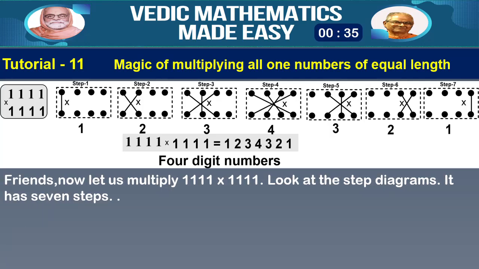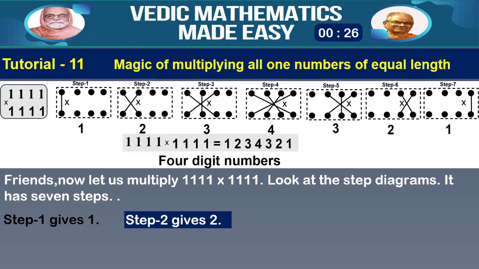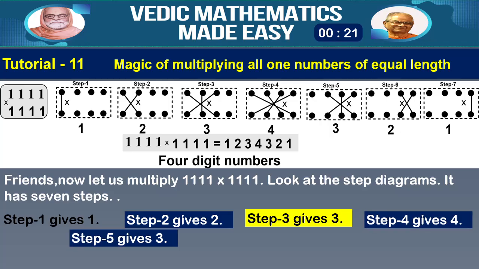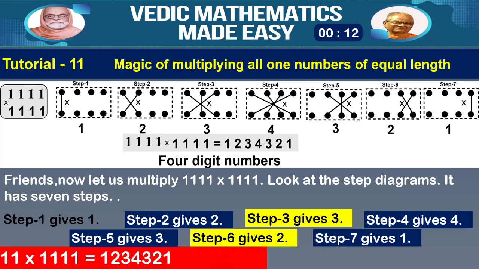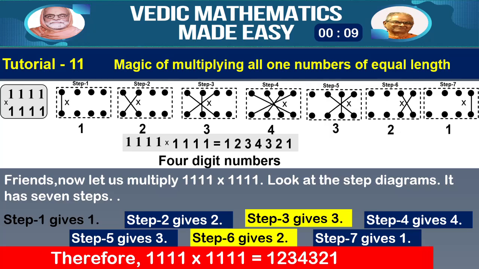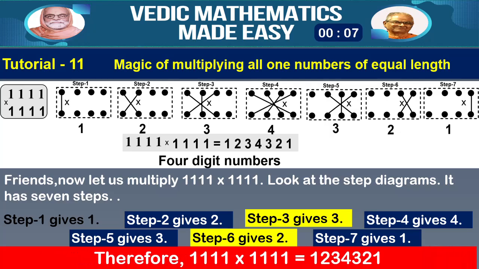If you observe each step diagram and find the values, step 1 gives 1, step 2 gives 2, step 3 gives 3, step 4 gives 4, step 5 gives 3, step 6 gives 2, and step 7 gives 1. Therefore, 1111 into 1111 is equal to 1, 2, 3, 4, 3, 2, 1.